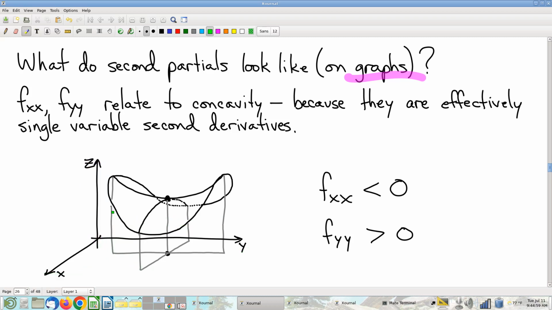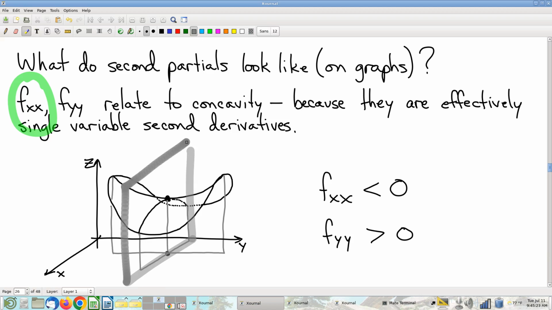But anyway, here's an example, and let's think through how I would understand f_xx. What on this picture tells me about f_xx? Well, I'm taking the partial with respect to x, which means I'm holding y constant. And if y is being held constant, then we're looking at a cross-section in a plane perpendicular to the y-axis, because y is not allowed to change.